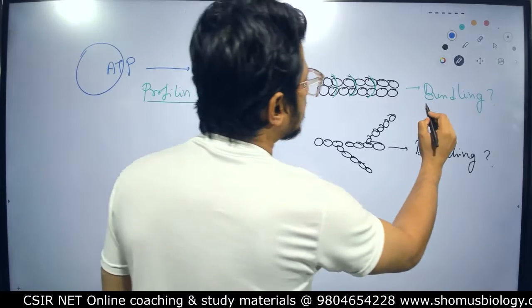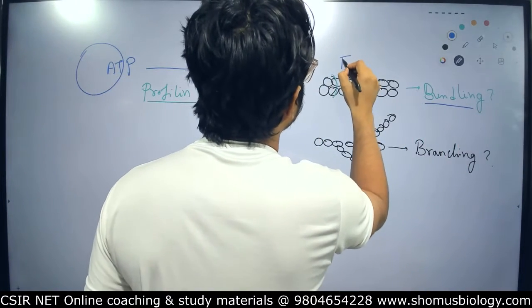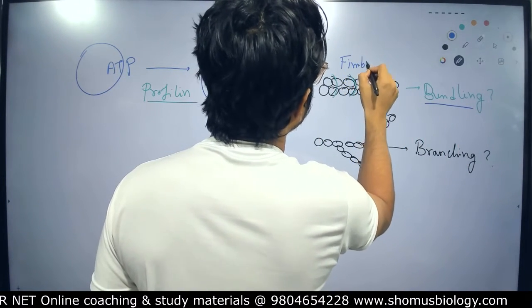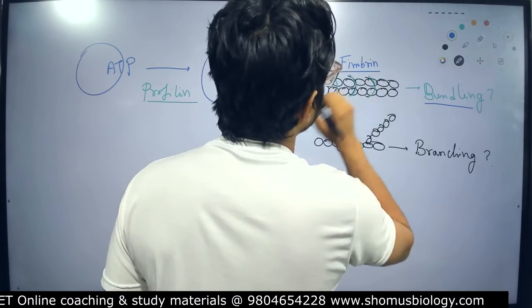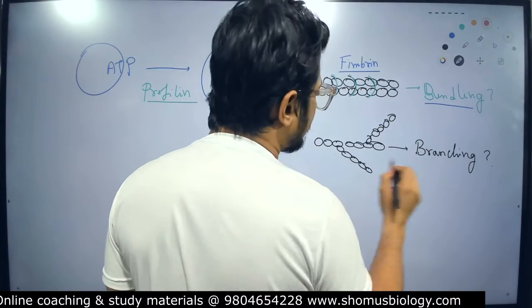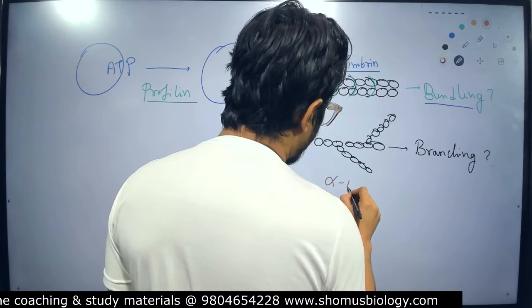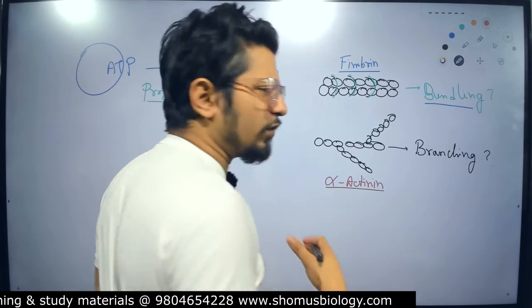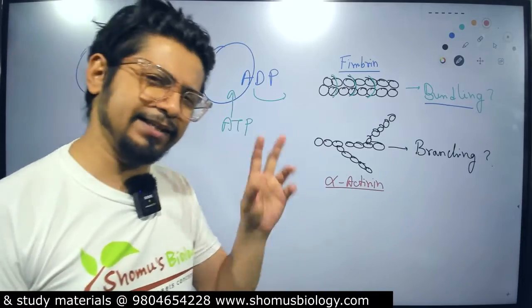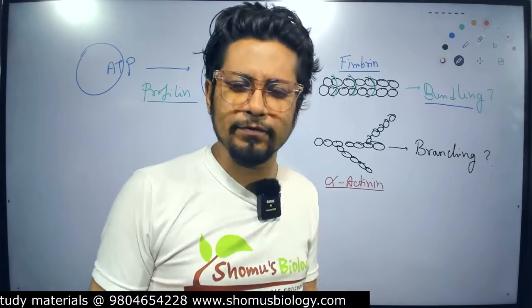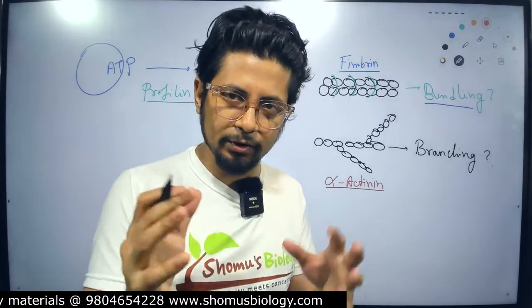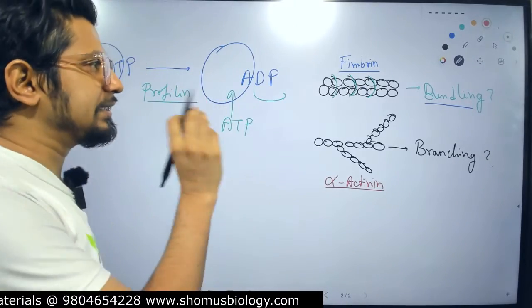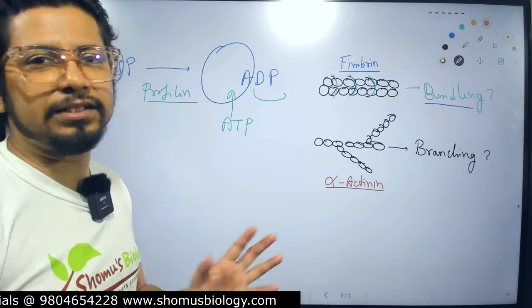This bundling process is done by a protein known as fimbrin. And this branching process is done by alpha actinin. So there are names of a lot of proteins in this particular section, I understand. It might take some time for you to grasp them, but you can write it down in your notebook too, because these are some information you will never get in any other video here.